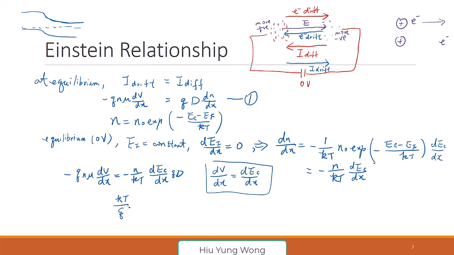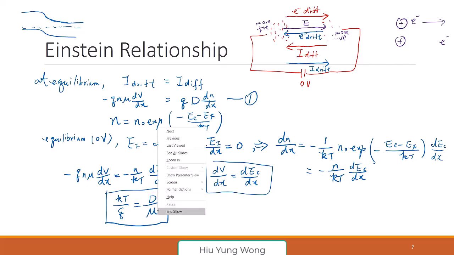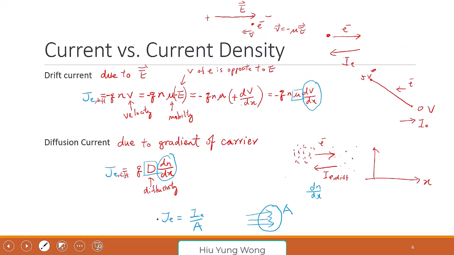kT over q equals D over mu. Now, it's very easy to memorize. You just memorize it as they rhyme with each other. q and mu, they rhyme with each other. kT over q is a constant you always play with. And now we want to relate kT over q to the diffusivity and the mobility, which is D over mu. So you find that somehow the mobility has a relationship with the diffusivity.